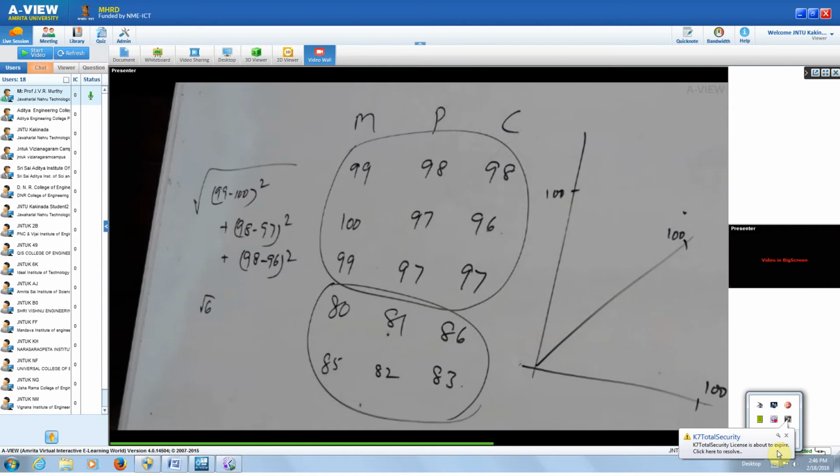Then after studying this group behavior, you may say that this is A plus, this is A. Without knowing the labels, just based on the distance measure, you grouped the things, and after studying the behavior of the group, you said that is A plus and this is A, or A minus, whatever it is.